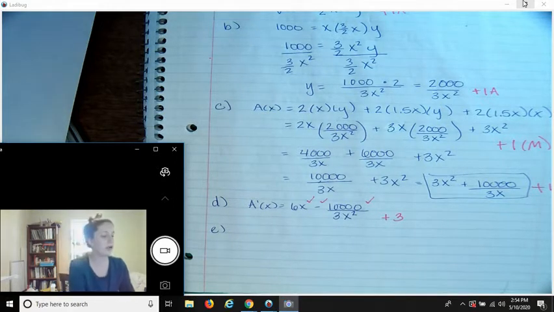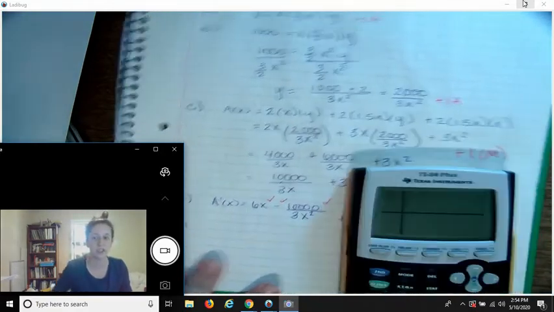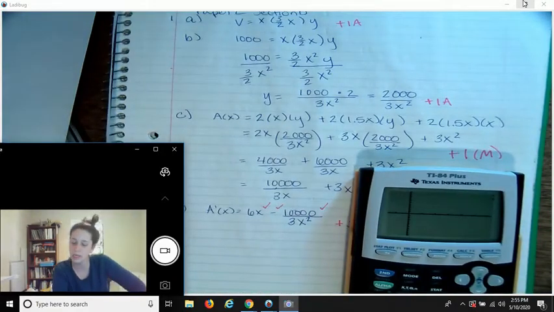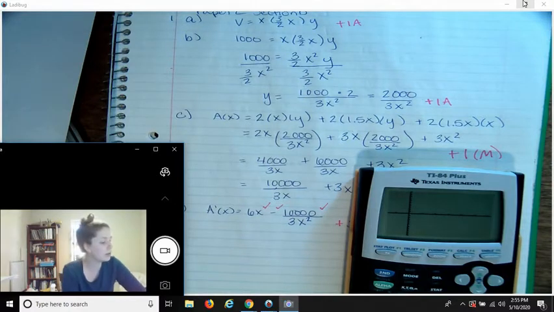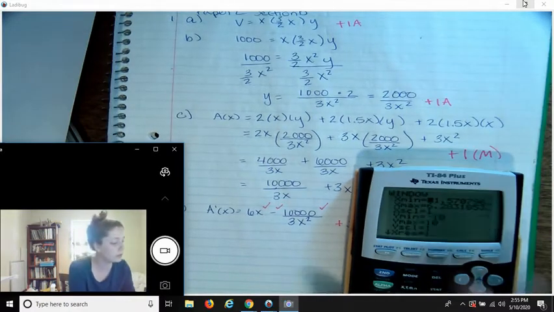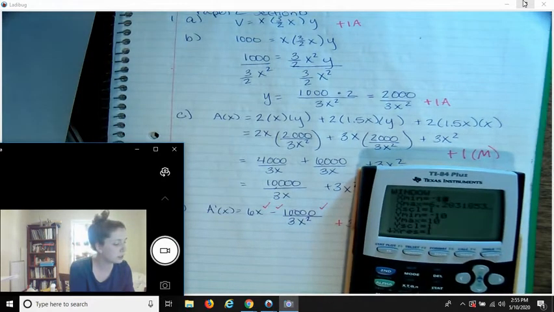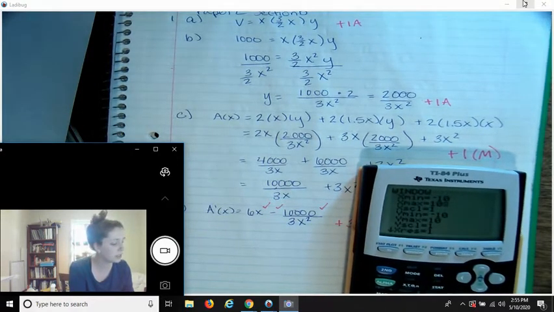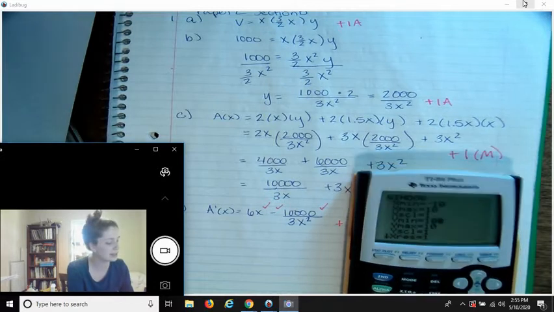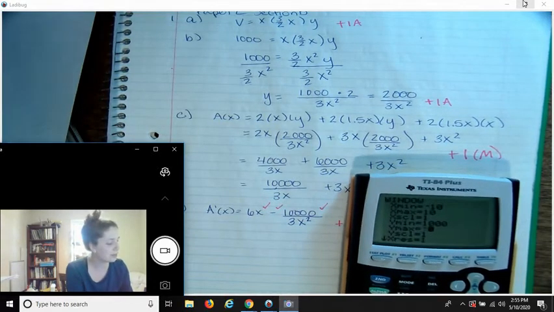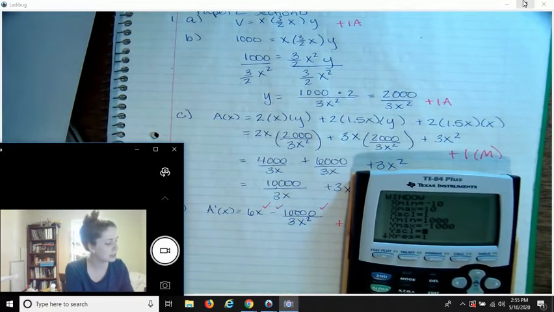And graph it. I'm going to have to change my window for sure because it's going to be super gross. My x value, though, shouldn't be that far off. So I'm going to do -10, that should get my x value, and I'm going to do like 1,000 and -1,000.